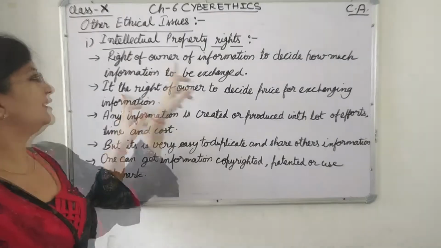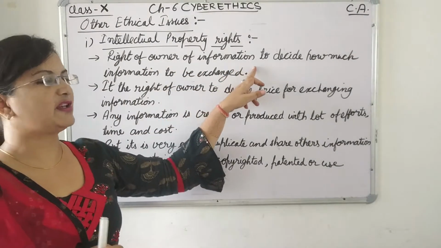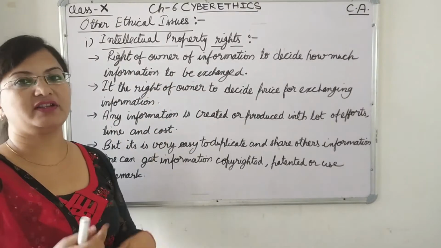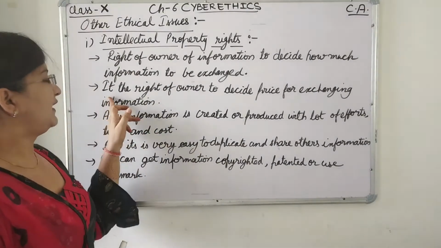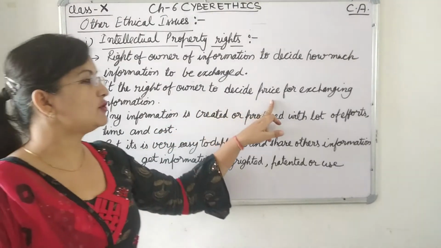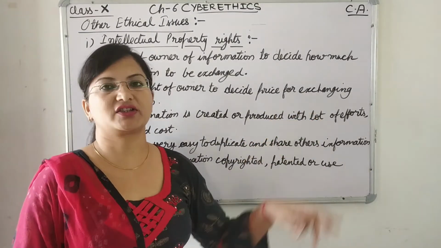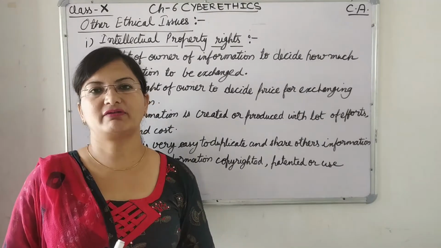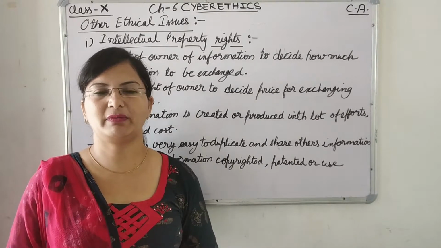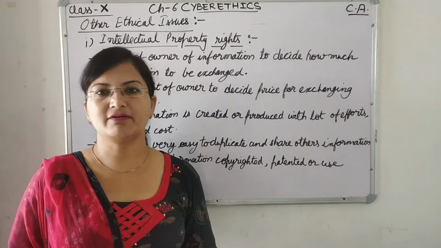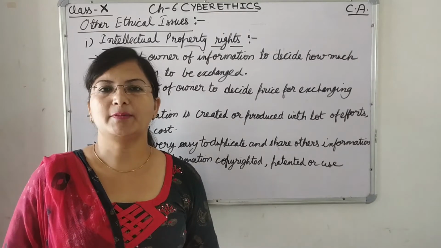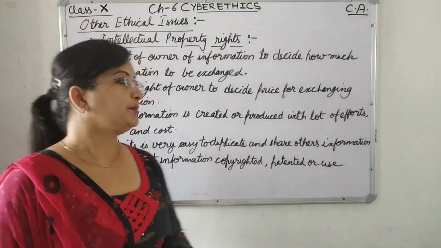So it is the right of the owner of the information to decide how much of it is to be exchanged with others. If we want, we can also decide the price for exchanging the information. If the information is crucial, or very nice, or we can earn from it, then we can simply decide a price for that information.